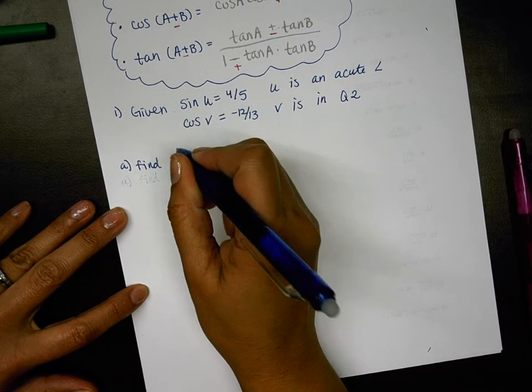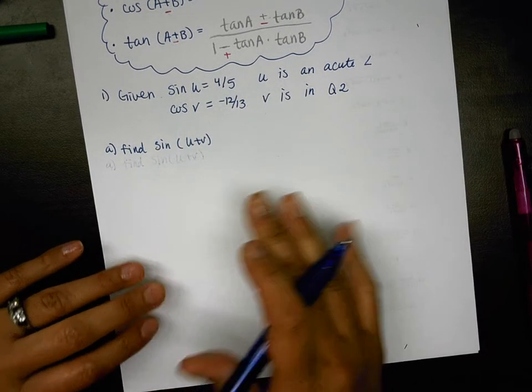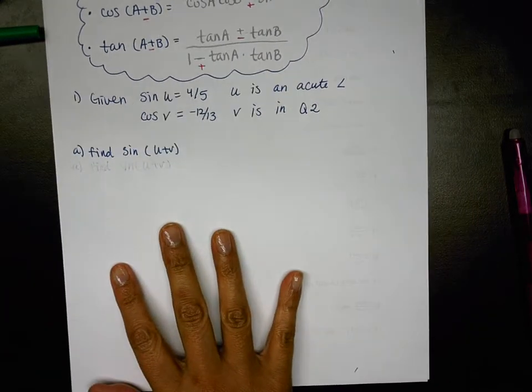Find sine of u plus v. All right. Any suggestions? What can I do? What should I do?